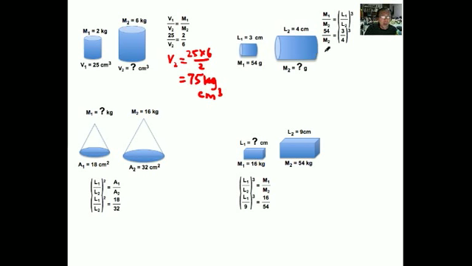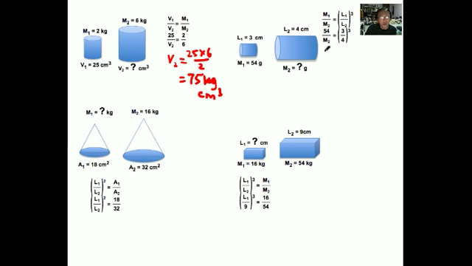In the next example, we have been given the lengths, so we need to use the formula: ratio of masses equals ratio of lengths cubed. This gives us 54 over m2 equals (3/4) cubed.